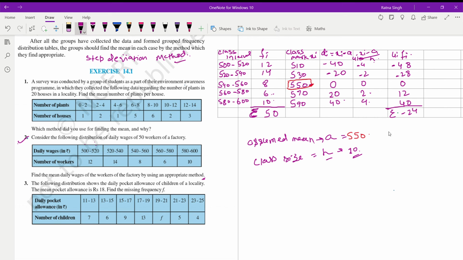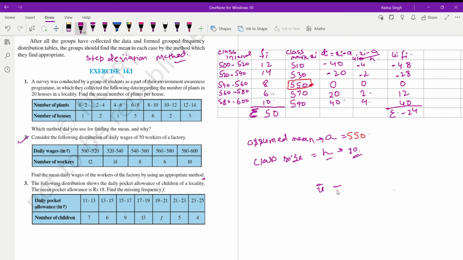So we'll find this u bar. I denote it as u bar.